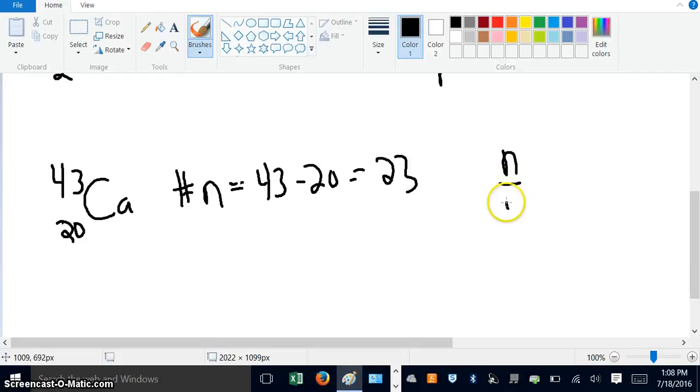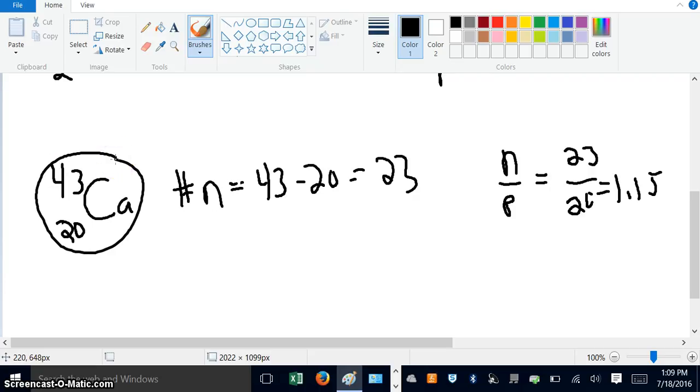You actually have to do this calculation to prove this, it's going to be 23 divided by 20. And that's clearly not 1. I'm not exactly sure what it is. We'll do that in our calculation. So I get 1.15, which is clearly greater than 1. So what we would predict is calcium 43, this isotope, is radioactive. That's the way this works.